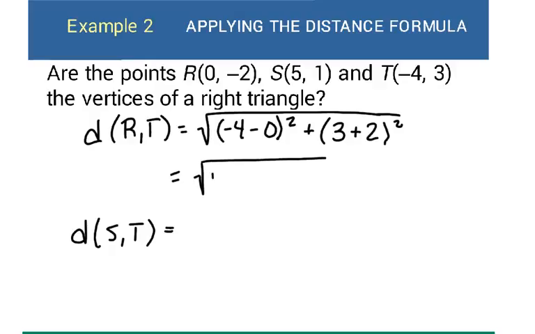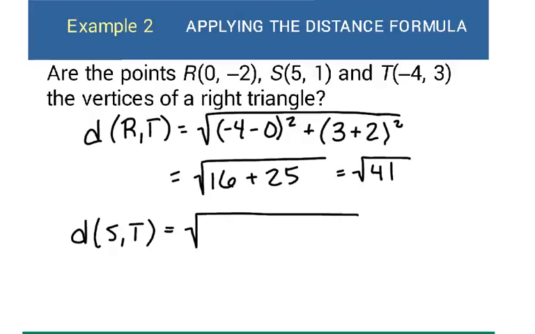Square those values, you get 16 and 25, which is the square root of 41. So there's another distance, the last one we need to find. Let's do it.